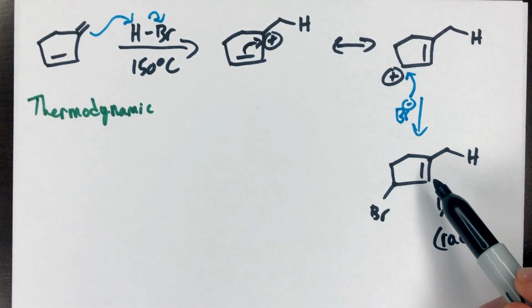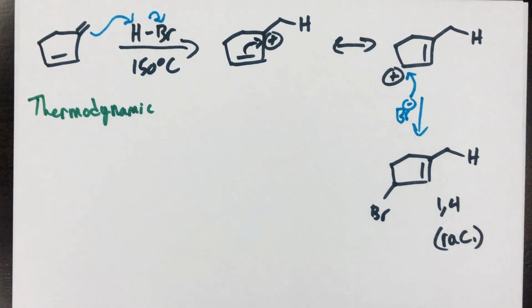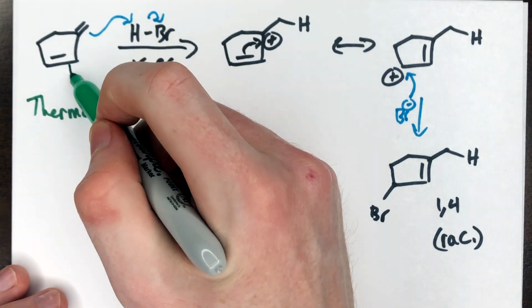Now, if this alkene wasn't more stable, then there would be no reason for this to occur. So just keep that in mind as you're going through this. Sometimes thermodynamic considerations are unnecessary due to the nature of the molecule that you're looking at. But here they are very important, and they will dictate what is the product.